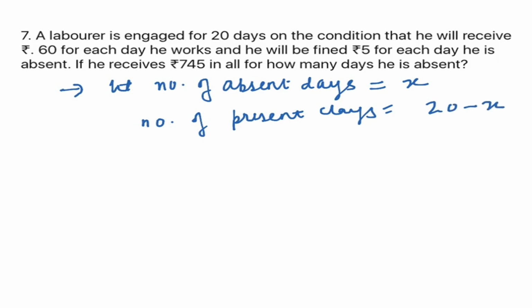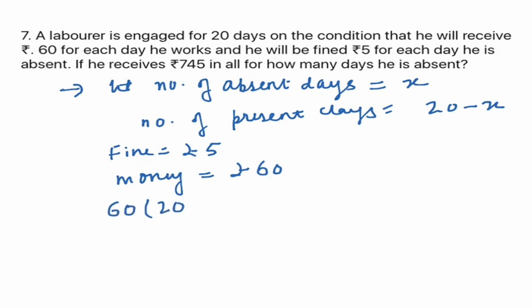So now the fine for absent days will be rupees 5 and the money that he will get for work will be rupees 60. So he worked for how many days? 20 minus x days. So he will get 60 rupees for 20 minus x days, and we will deduct rupees 5 for how many days?